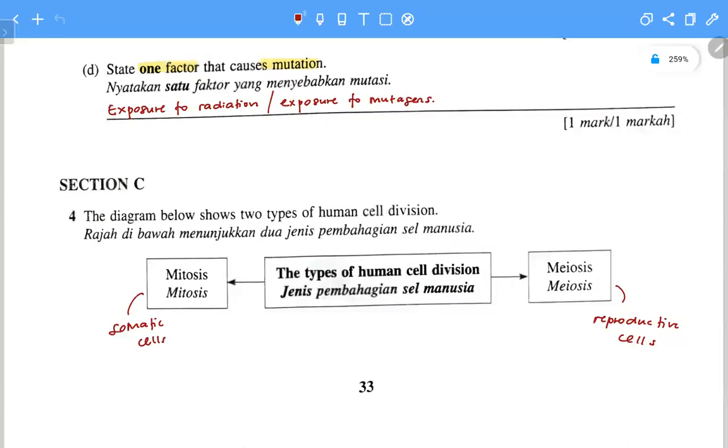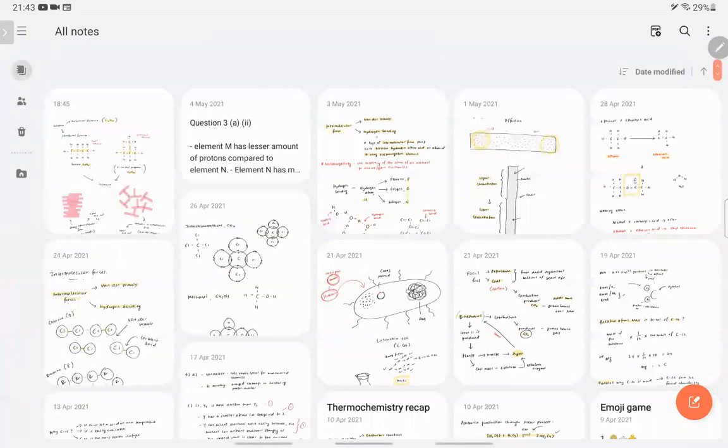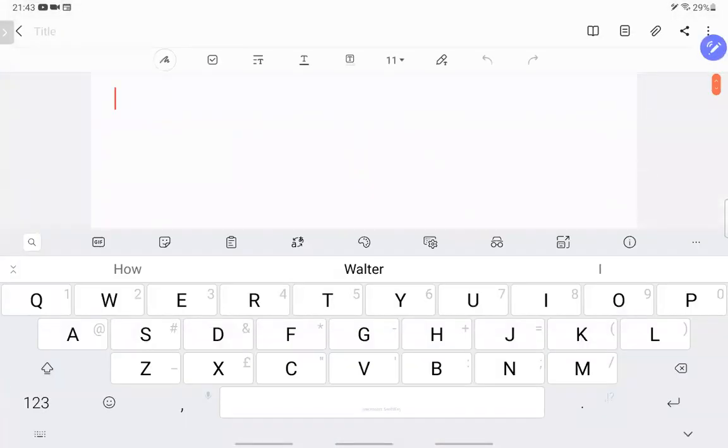I think very easy ones will do. I remember telling you to memorize the examples of the similarities and the differences.